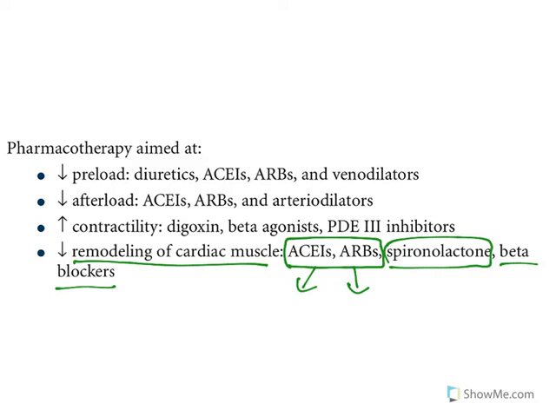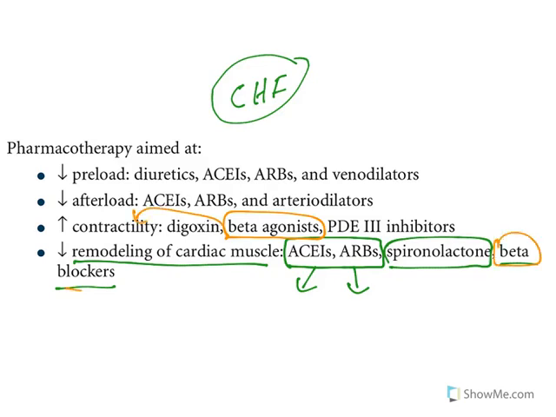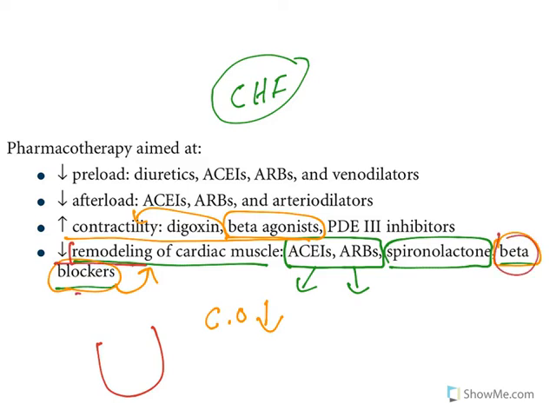See, this is the only condition, congestive heart failure, wherein we will be using beta agonists to increase the cardiac contractility, whereas beta antagonists or beta blockers are used to reduce remodeling. It depends upon the condition. If someone has very low cardiac output, then these drugs are used. If someone's heart is very highly enlarged and a very high amount of remodeling is there, then beta blockers are used.